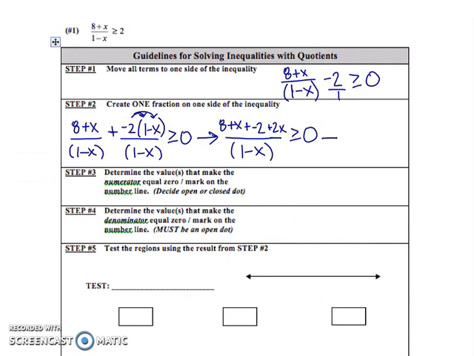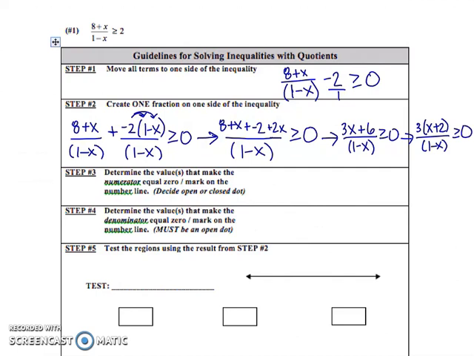When I combine like terms, I end up with 2x plus 1x, that's 3x, and 8 plus negative 2 is 6, over 1 minus x, greater than or equal to 0. Finally, one more thing I can do is factor a GCF out of my numerator. I could take out a 3, and then I will have 3 times (x plus 2) over (1 minus x), which is greater than or equal to 0.